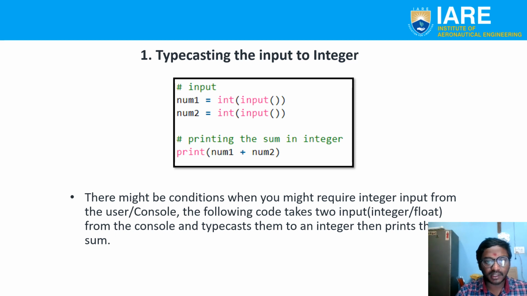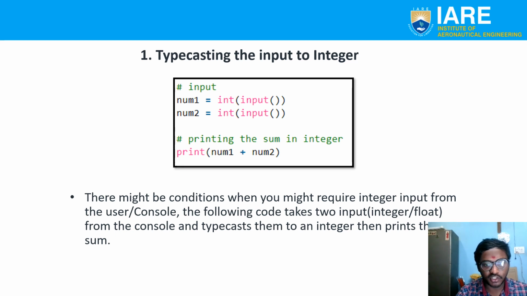Then print num1 plus num2. It means we get the output as the sum of the number 1 and number 2 entered as console inputs.